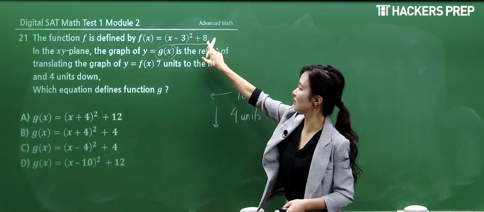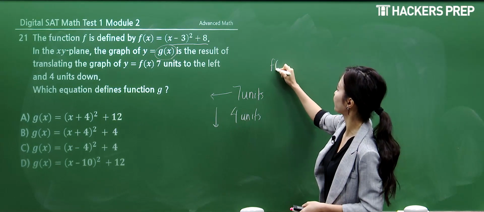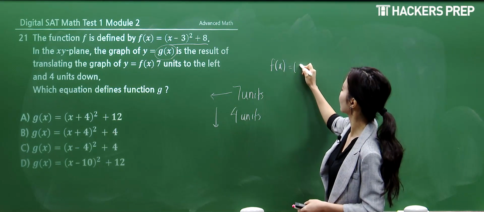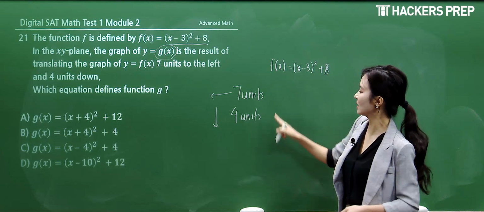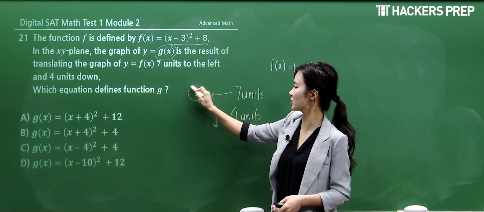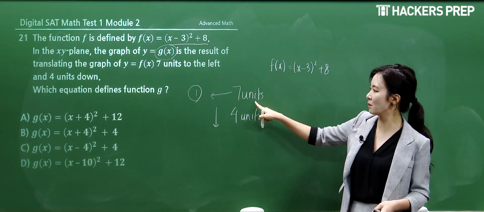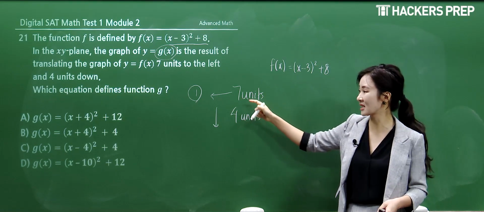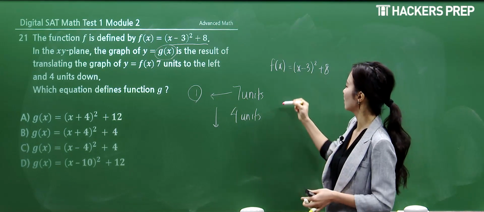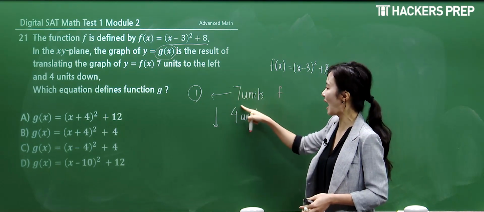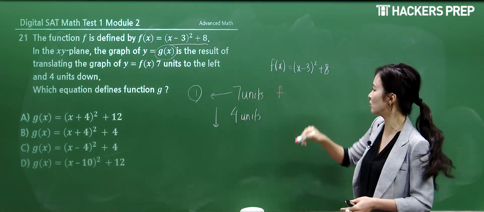So let's take the original function, f of x here. Now, let's take a look at this very first translation here. So if we move or shift the graph 7 units to the left, remember, the generic form of that would be that we're supposed to add 7 units, or 7, to the value of x.